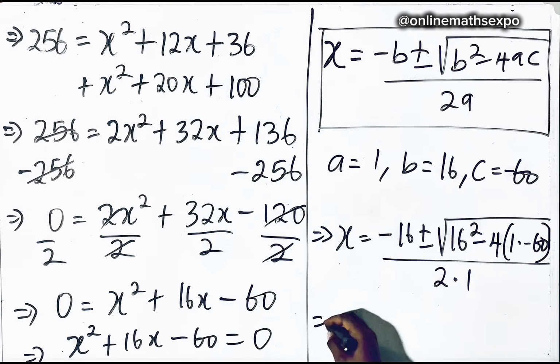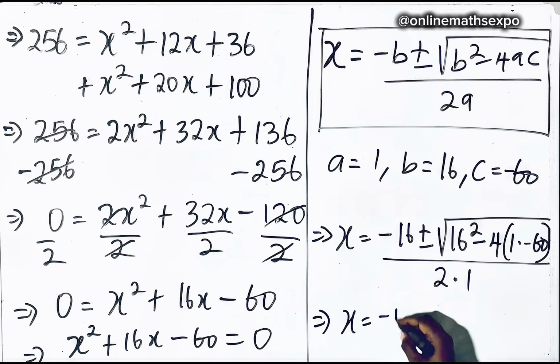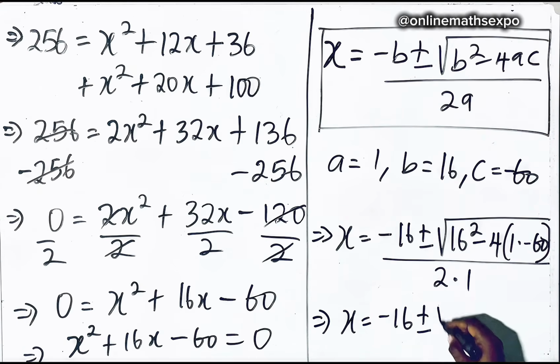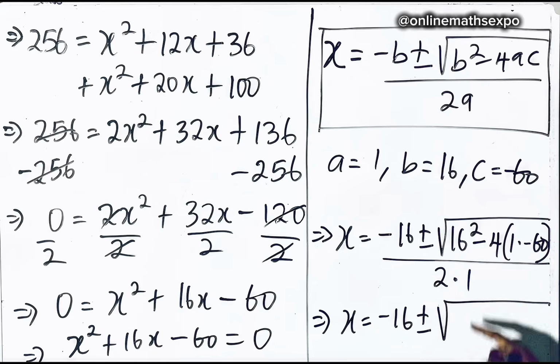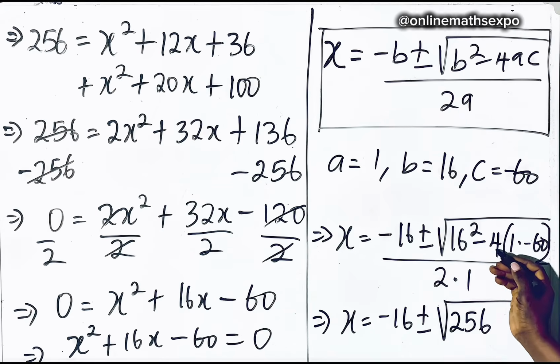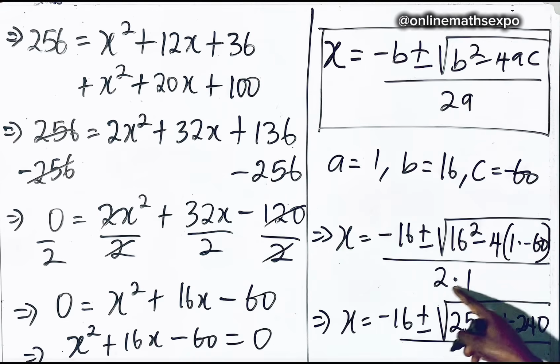We keep solving. We have x is equal to negative 16 plus or minus square root of 16 squared gives us 256. Multiply negative 4 times 1 times negative 60 gives us positive 240, and it is divided by 2 times 1, which will give us 2. Keep solving.